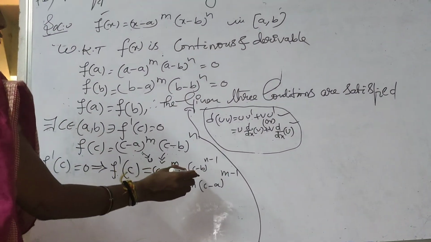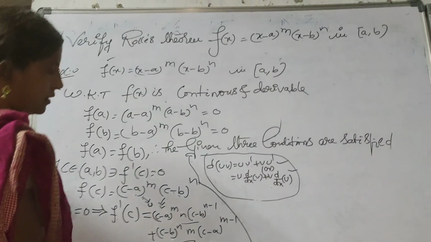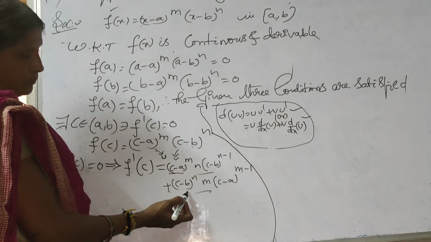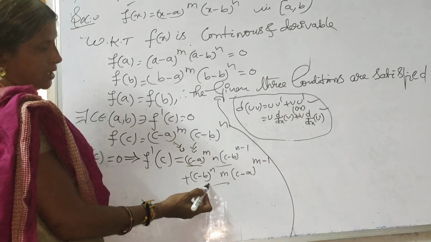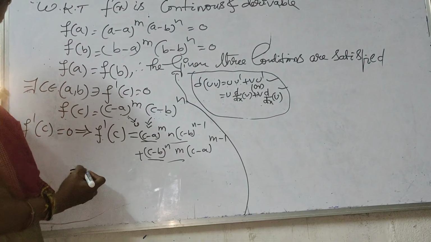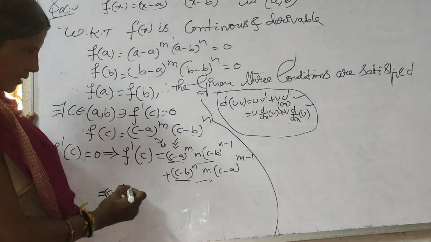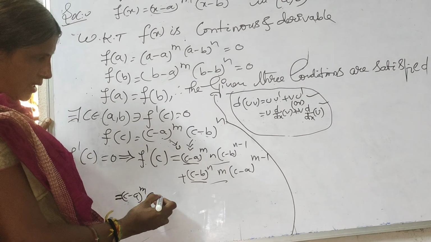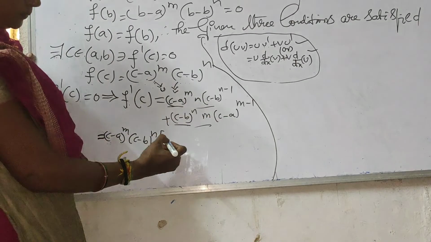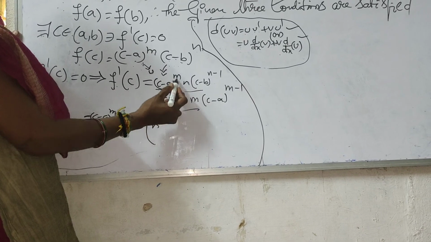In these two terms we get common factors, C minus A whole power m and C minus B whole power n. We take common C minus A whole power m and C minus B whole power n into, in this first term C minus A whole power m is common.